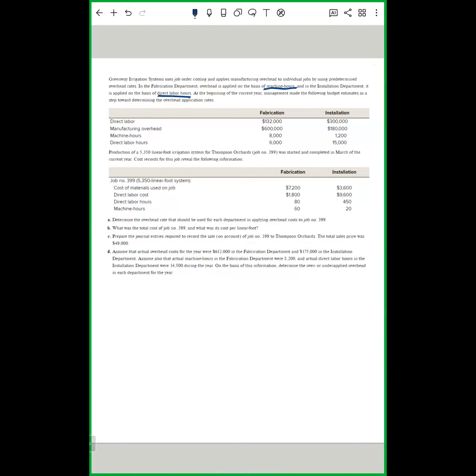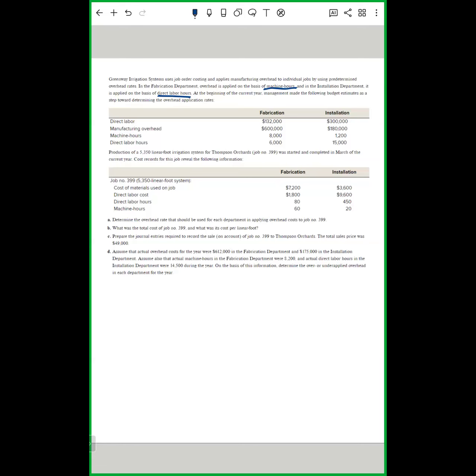Here are some additional details about that job: cost of materials used, direct labor hours, machine hours. Determine the overhead rate that should be used for each department in applying the overhead cost to job 399. And then what was the total job cost of 399 and what was its cost per linear foot?